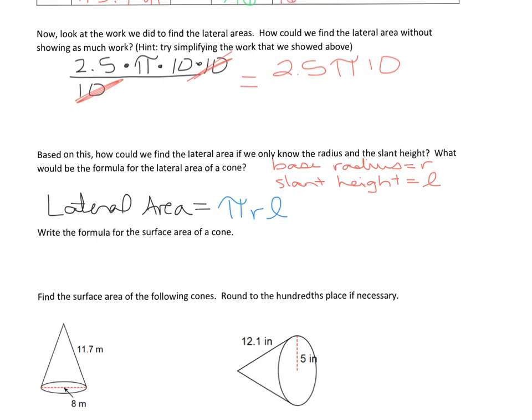If you didn't, that's okay. Now you do. So write this down so that we know what each letter represents. And then go ahead and write this part of the formula. This is the lateral area. Remember, that's the actual part of the cone that you would hold in your hand.